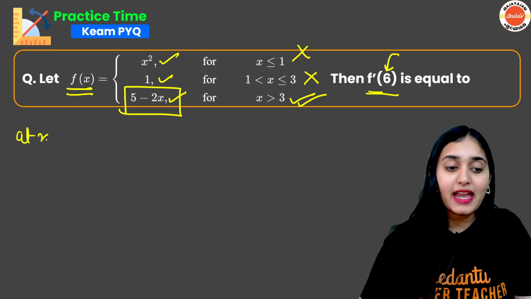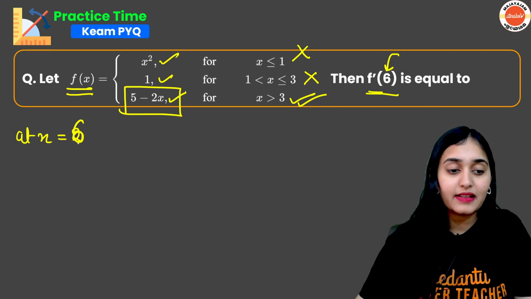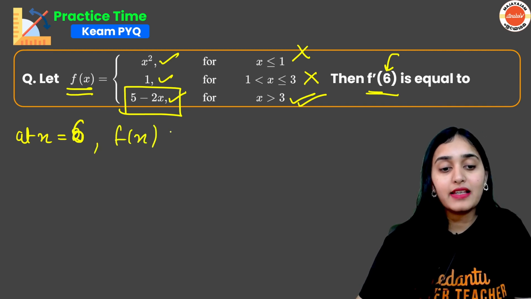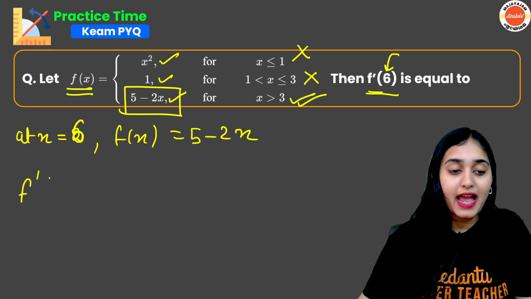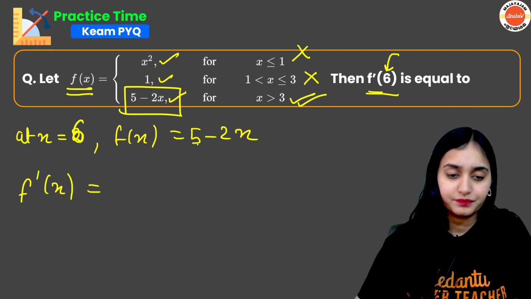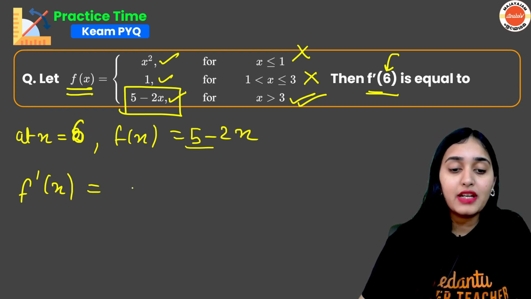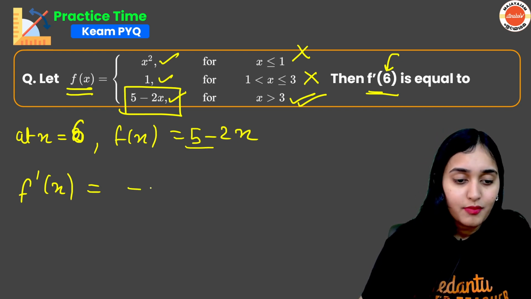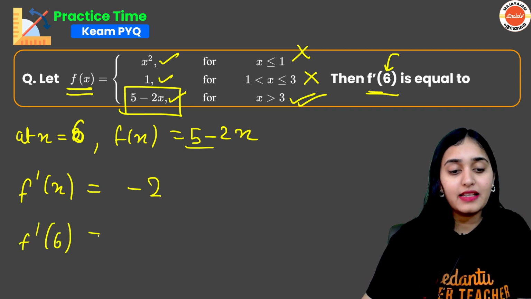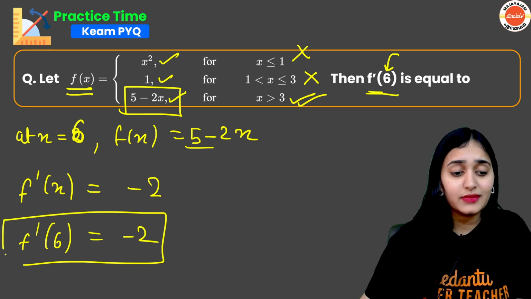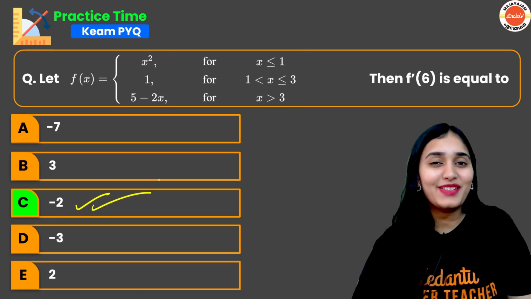So at x is equal to 6, f of x is 5 minus 2x, right? So f dash of x will be 5 differentiation 0, minus 2x differentiation is minus 2. So f dash of 6 is minus 2. Let's check. Yes, the answer is minus 2.